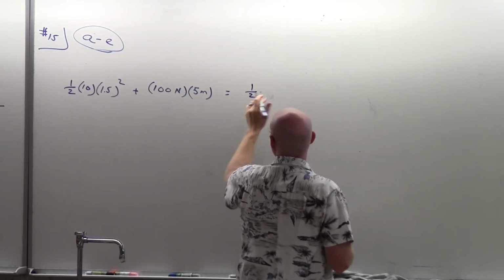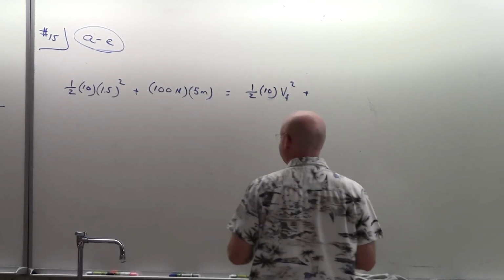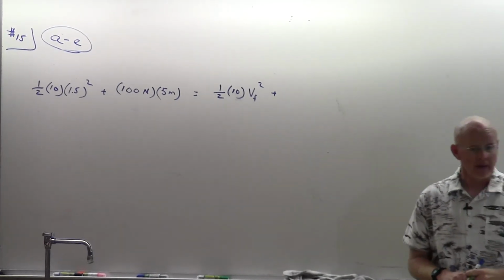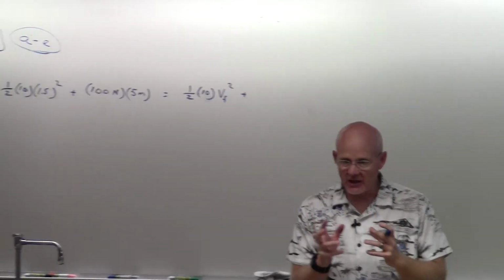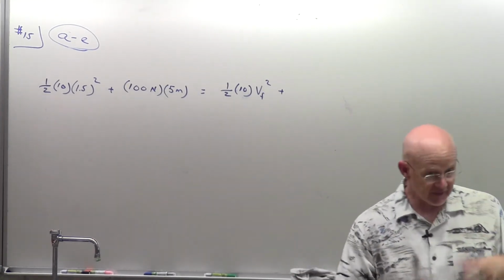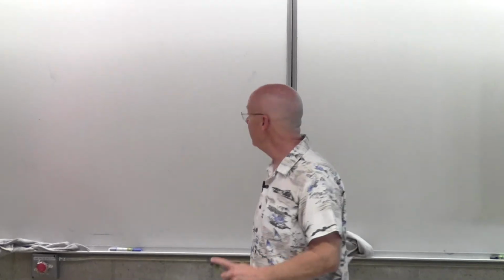I do know its mass is 10, but its final speed is unknown to me. In fact, that is the ultimate question at the end of this. E, what is the final speed? If I can get all the other terms, questions A through D, answered, I can then answer E, what is that final speed?